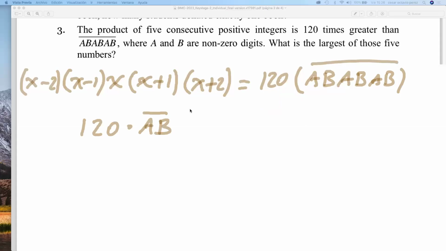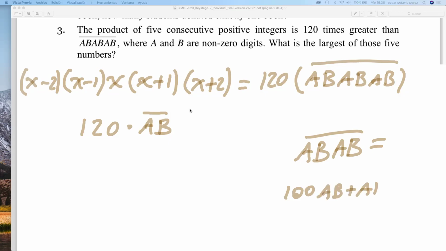Do you agree that if we have this number, we can write it like 10,100 AB plus AB? So this is a multiple of 101 AB. This is a two-digit number.